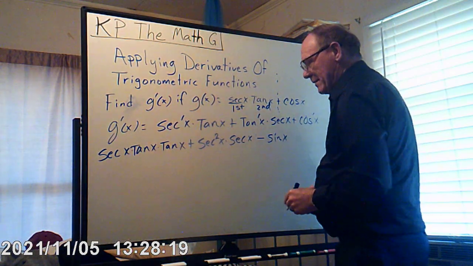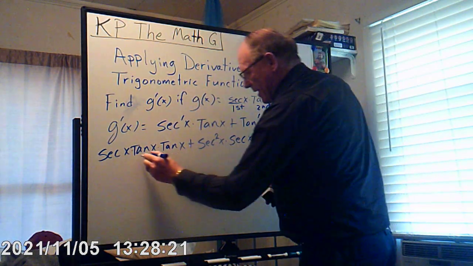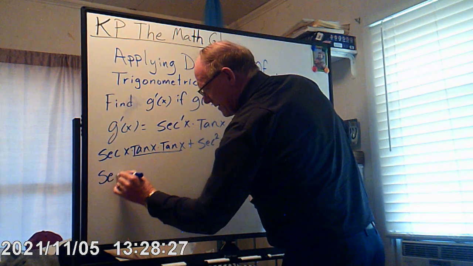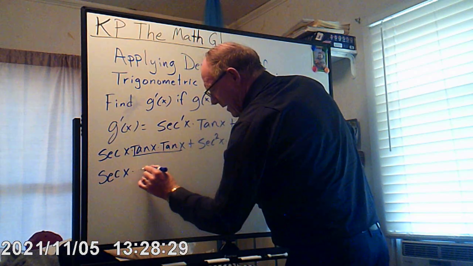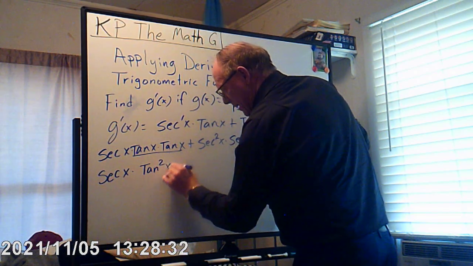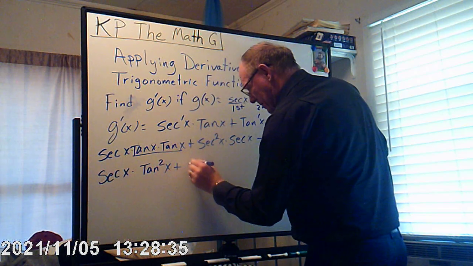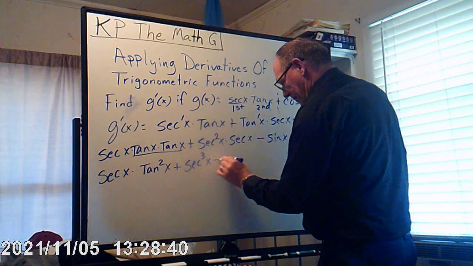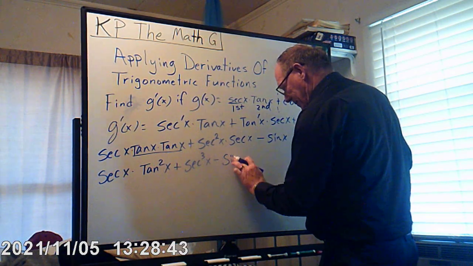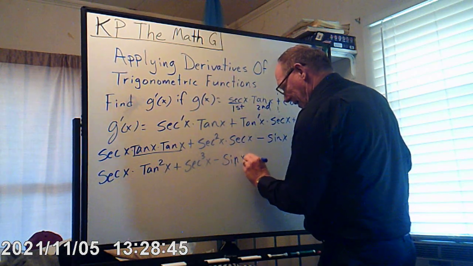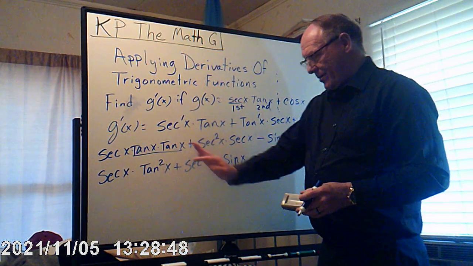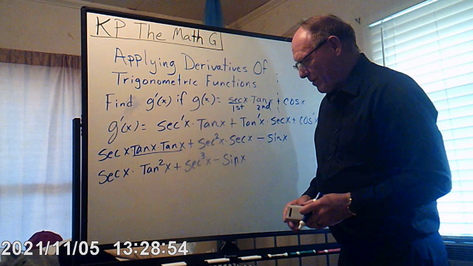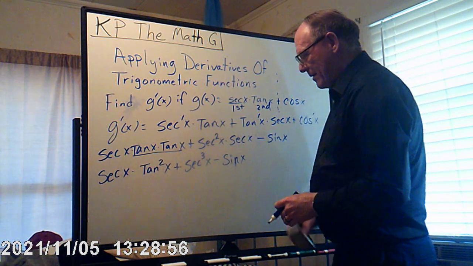If you want to clean it up a little bit, we can do this: secant X times tangent squared X plus secant cubed X, and then minus sine X. I would not try to change just the sines and cosines and fix it up even more, but this is good enough right here.